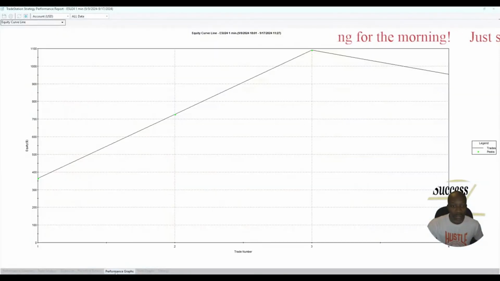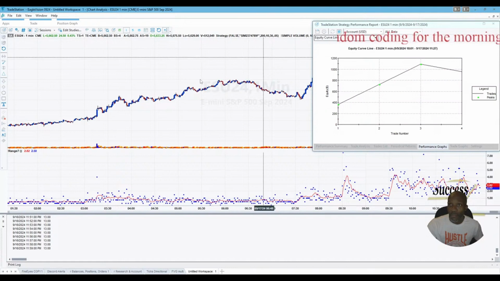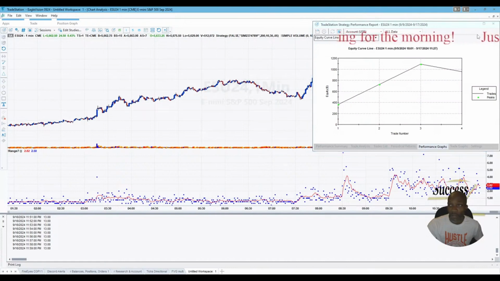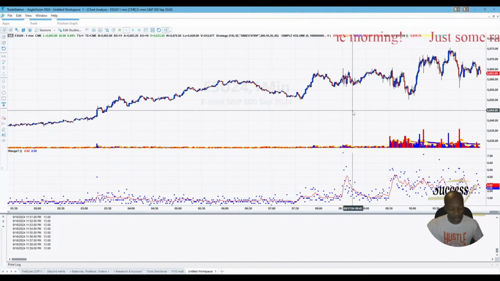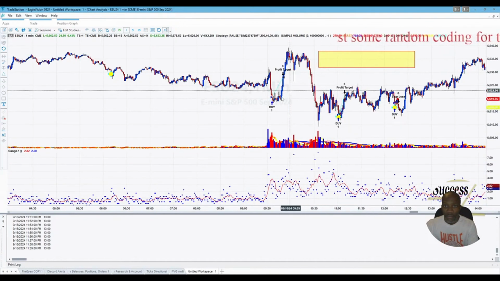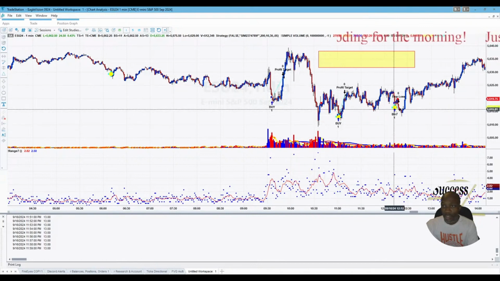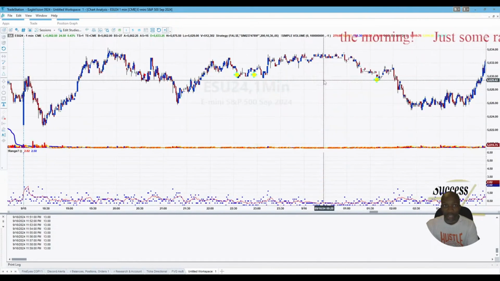All right, and here is the equity curve. That looks good, but not taking enough trades. But there again, there wasn't that many trades on there, right? Took the trade here, took the trade here, took the trade here, took a small loss.